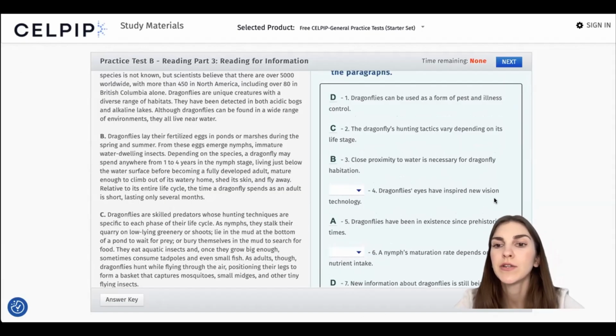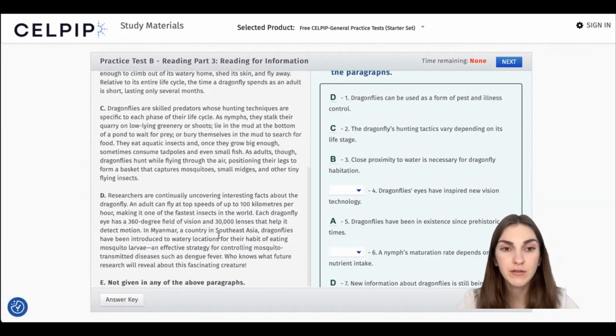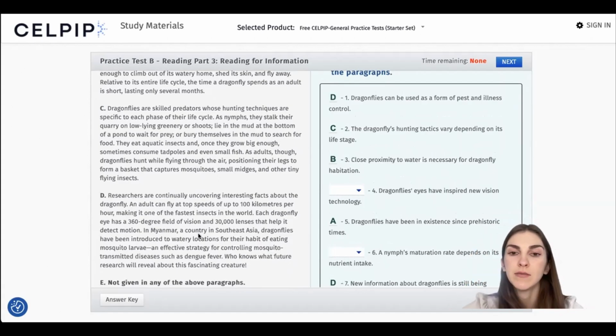What about 4? Dragonfly's eyes have inspired new vision technology. Where do we have this information about eyes? We have it in paragraph D, yeah? And here you may have a wrong answer, because if we read paragraph D, an adult can fly at top speed, where each dragonfly eye has a 360-degree field of vision and lenses that help it detect motion.